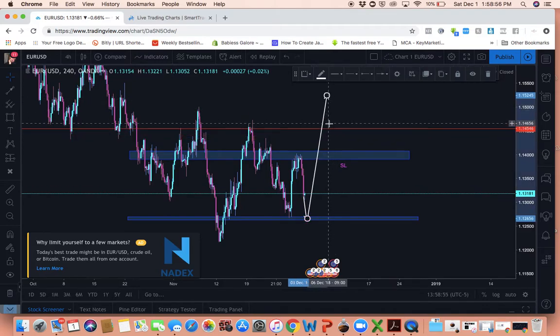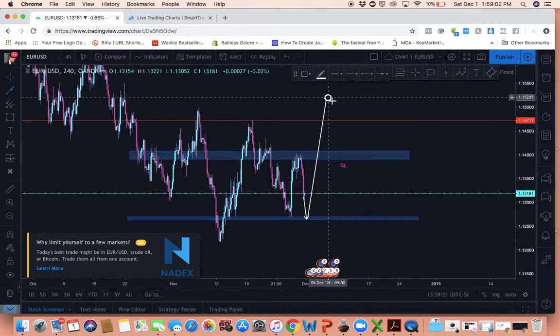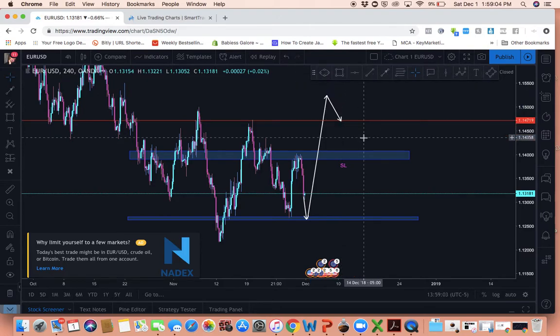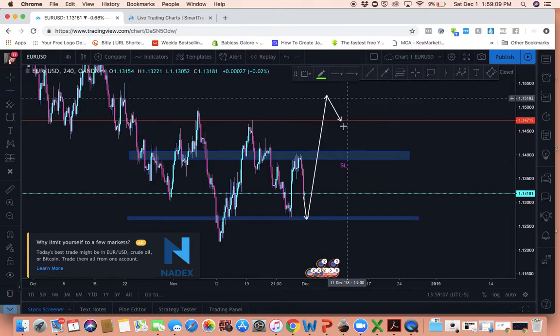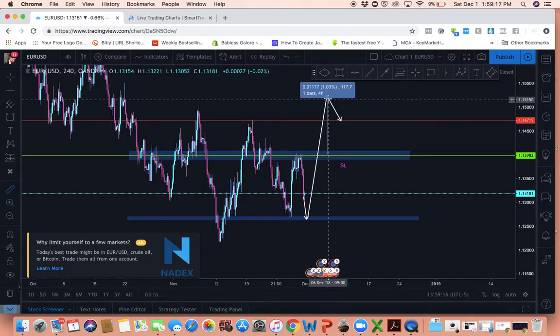Every time it goes up a little bit, I'll move my stop loss. That way, when it does decide to go back down, it would have taken me out right here. Rather than if I had my TP set down here, I would have got kicked out a long time ago and wouldn't have been able to make these extra 130 pips.